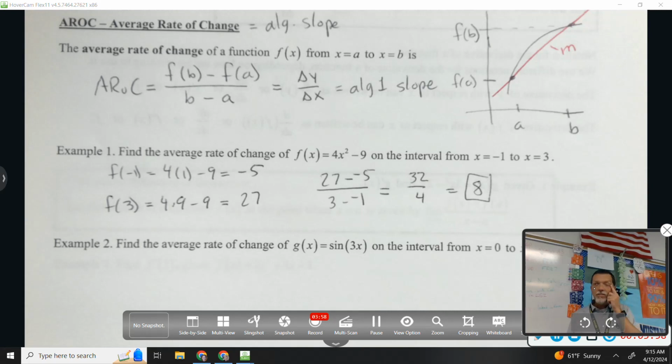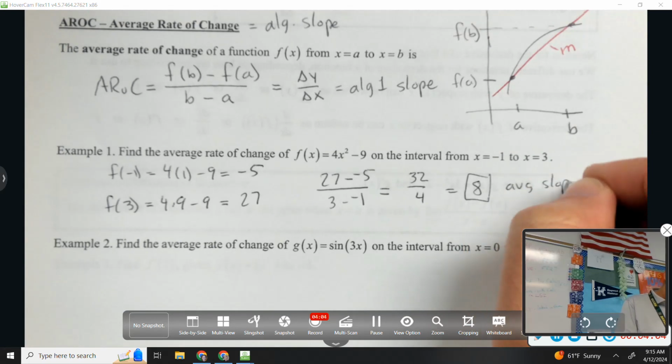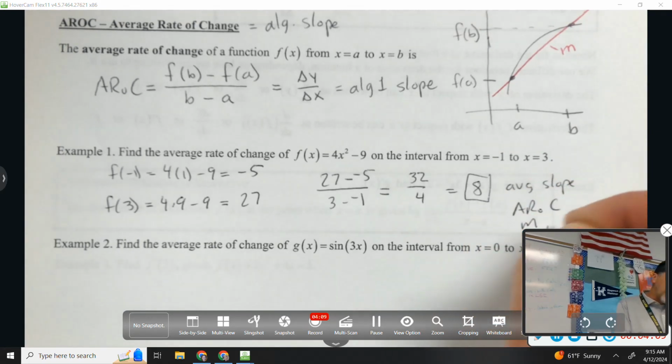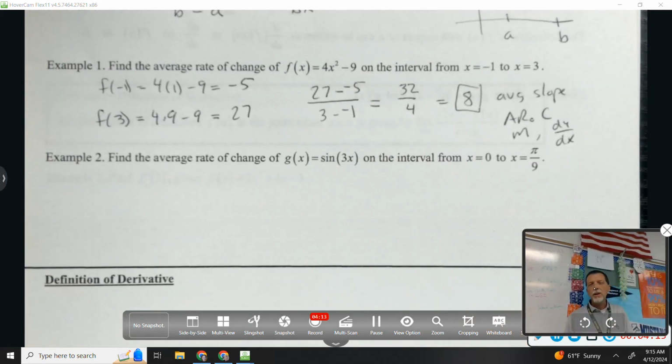So that means the average slope from -1 to 3 is 8. The average slope, the average rate of change, the m, the dy dx, all that's the same thing. You don't really need to label it any of those things, but that's all the same stuff.